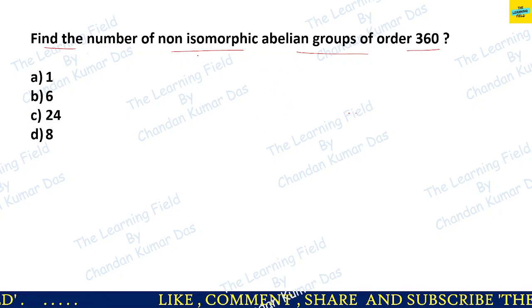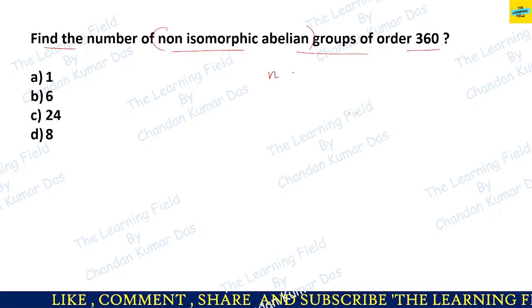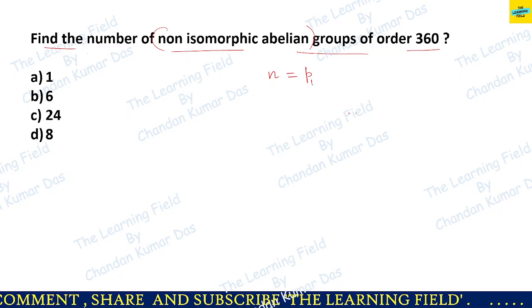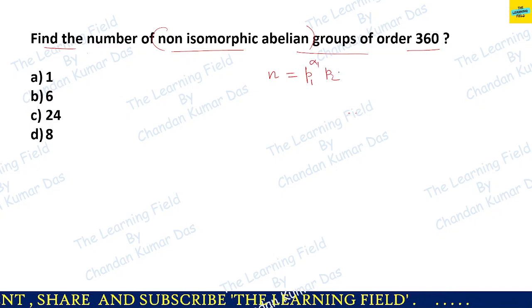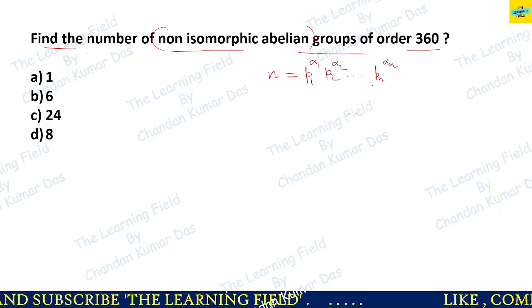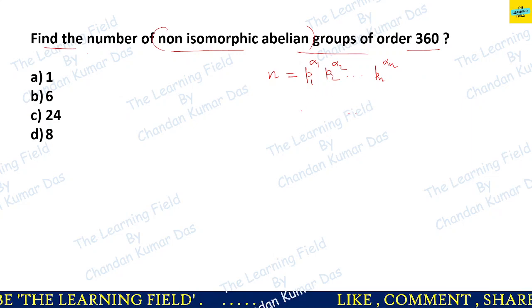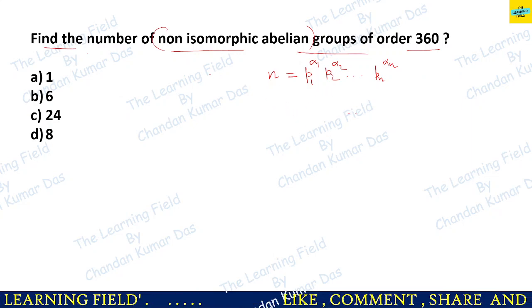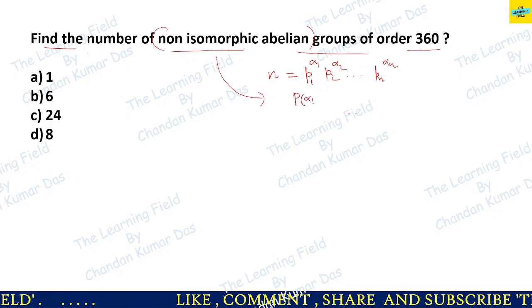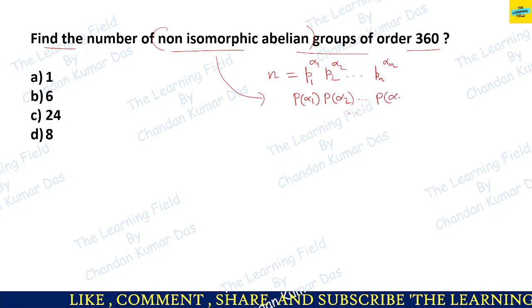To find the non-isomorphic abelian groups of a certain order n, we first write n as a prime factorization: p1 to the power alpha 1, p2 to the power alpha 2, and pn to the power alpha n, where p1, p2 and pn are primes and alpha 1, alpha 2, alpha n are the powers of the primes. Then the number of non-isomorphic abelian groups is equal to the partition of alpha 1, times the partition of alpha 2, and so on, times the partition of alpha n.